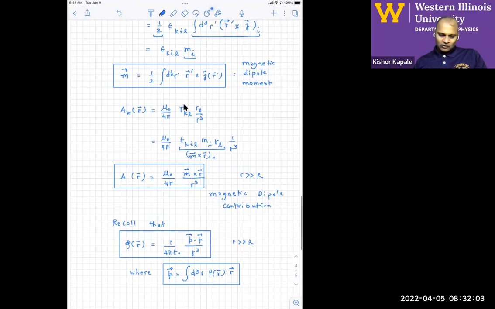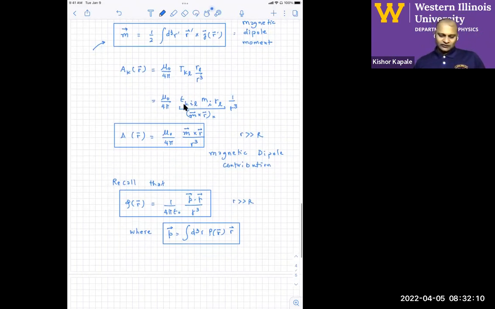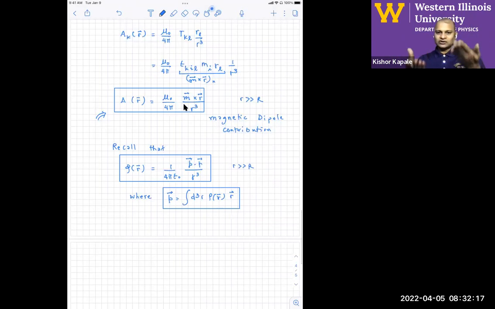The magnetic moment, on the other hand, itself is R crossed with J, volume integral of that quantity. And then M crossed with R is what gives you the magnetic dipole contribution. So seeing those together at once is a valuable exercise in understanding the differences between the electric situation and the magnetic situation. And magnetic situations are almost always much more complex than what you would see.